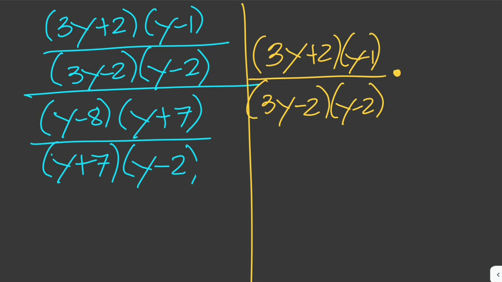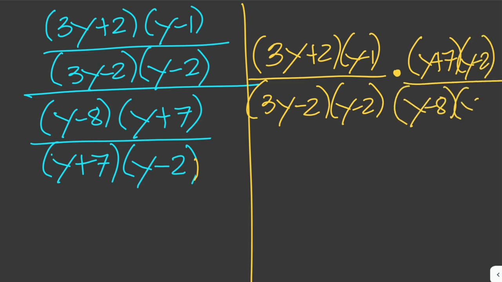Change the operator sign from division to multiplication and flip the divisor, times y plus 7 times y minus 2 over y minus 8 times y plus 7. So now we can cancel out the common factors. So we have y plus 7 as a common factor. Then we have y minus 2.